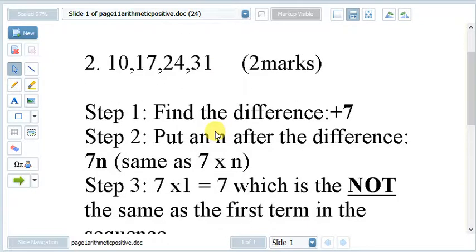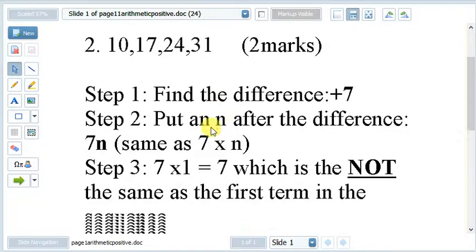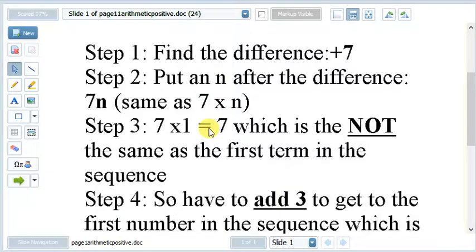Next one, and this is 10, 17, 24, 31. So we find the difference again, which is plus 7. Then we put an n after the difference, which is 7n. That's just a general rule, that's the method for working out the nth term. Step 3, we choose n equals 1 and substitute it into 7n.